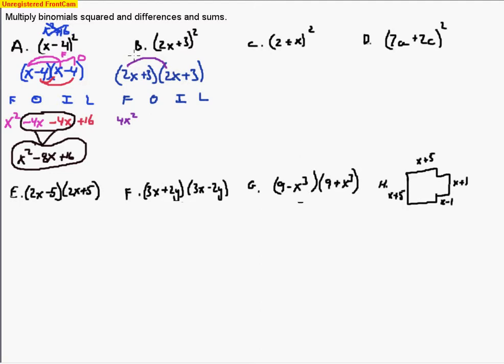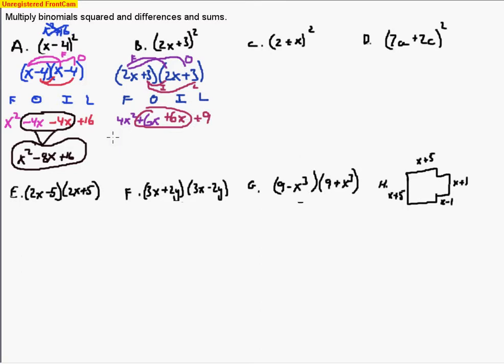Now those are our first terms. Our outside terms are going to be 2x and 3. So positive 6x. Notice the inside terms, they're exactly the same. 3 times 2x makes another 6x. So these are always going to be the same number right here. And then those are the inside terms. The last terms are the 3 and the 3. And that makes 9. See, another positive number.